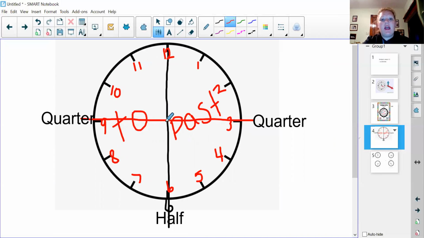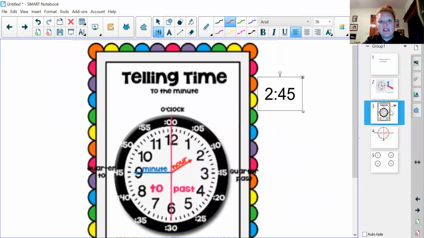And remember when I said when we are looking at our clock with the hands, the hour hand is the short hand and it points to those bigger numbers, the first number that you see. So the 12, 1, 2, 3, 4, 5, 6, 7, 8, 9, 10, 11, 12, those are all for the hour.